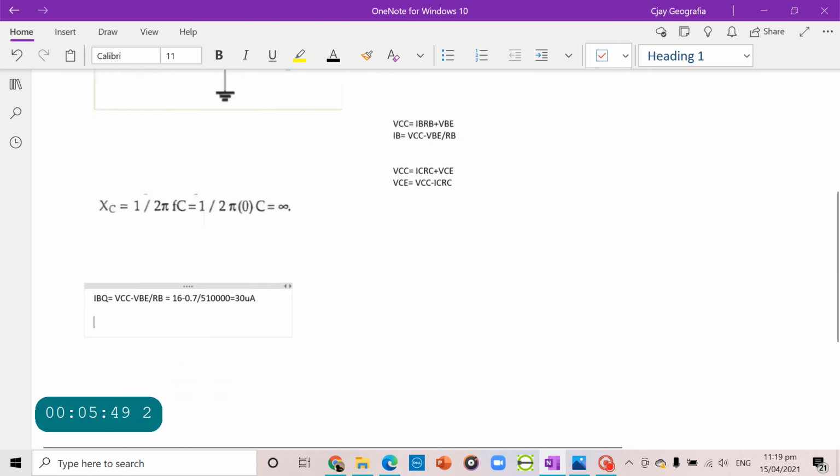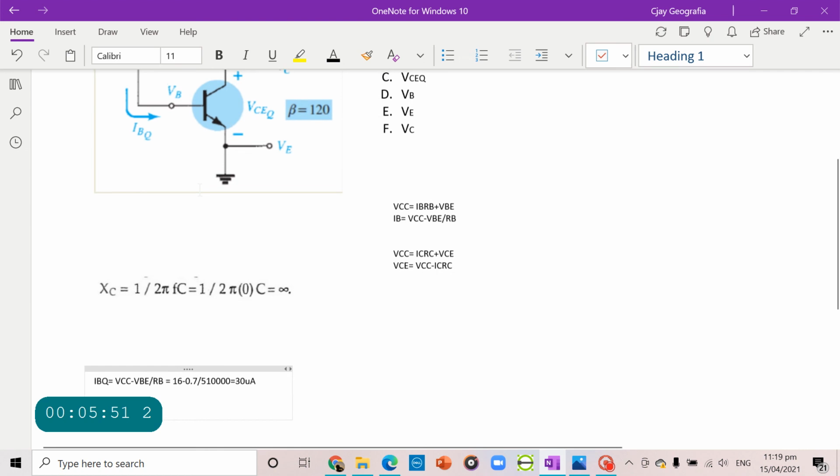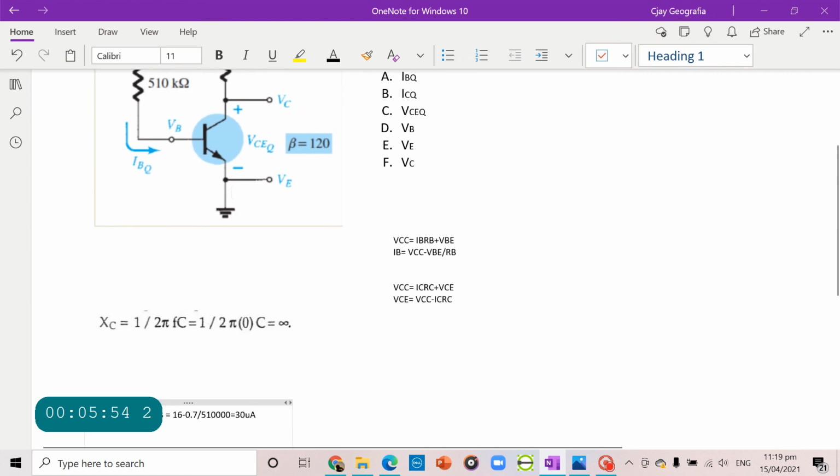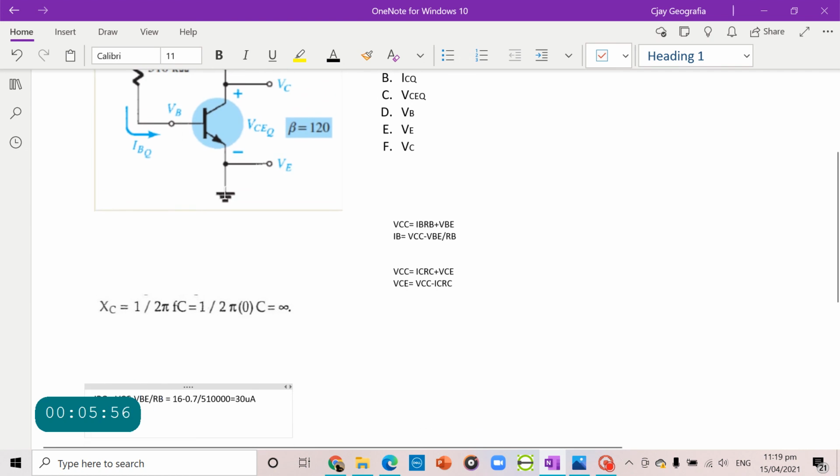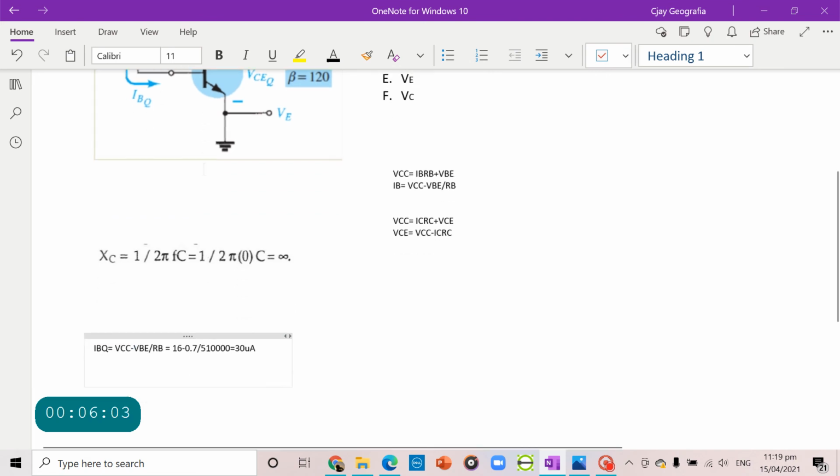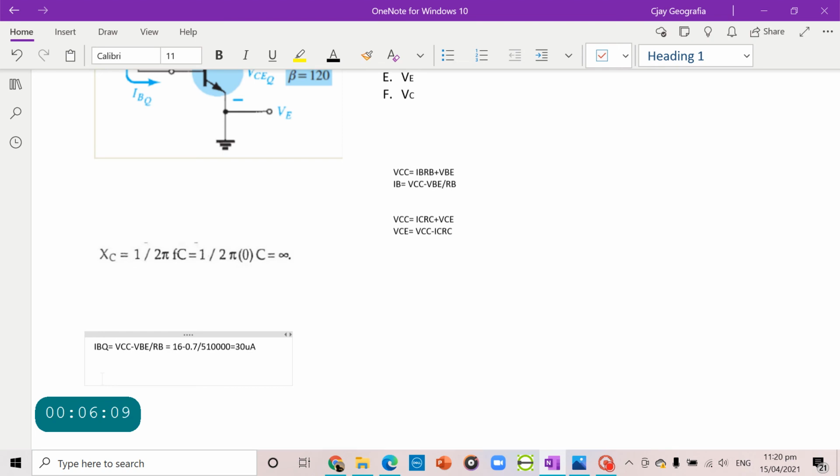As you can see in here, the value of VBE is equal to 0.7 for the standard voltage drop. For VBE, the standard voltage drop is 0.6 to 0.7. Okay, now let's calculate for the ICQ. The formula for ICQ is equal to beta times IBQ.